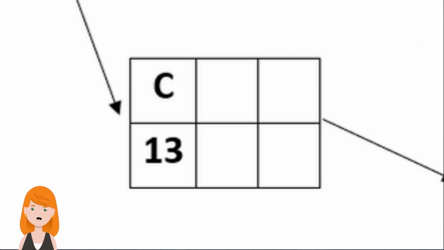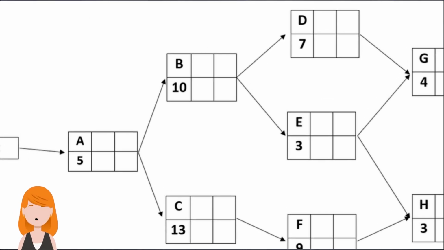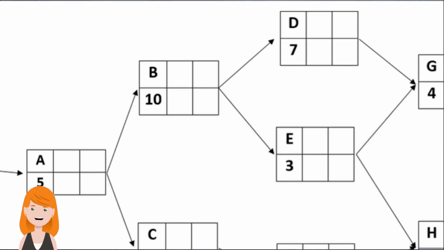C needs A to be completed before it can start. Since the earliest finish time for A is 5, and with an activity time of 13 weeks, C will have an earliest finish time of 5 plus 13, which gives 18. D and E need B to finish before they can start.